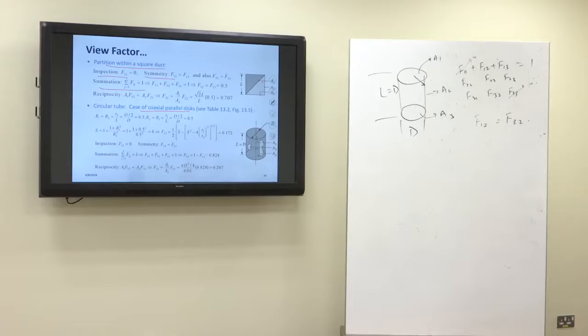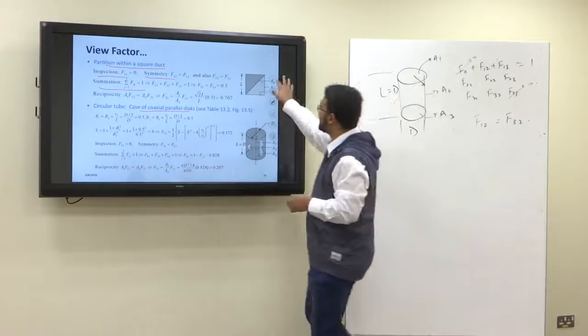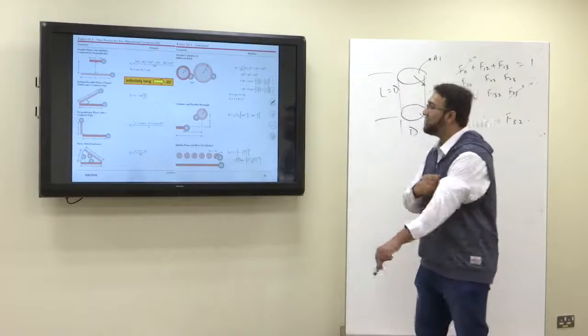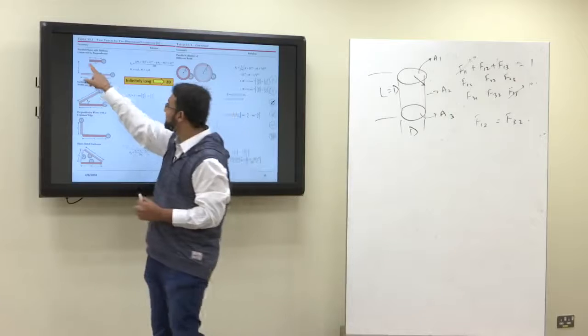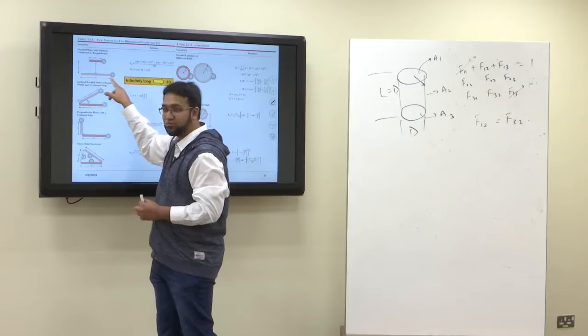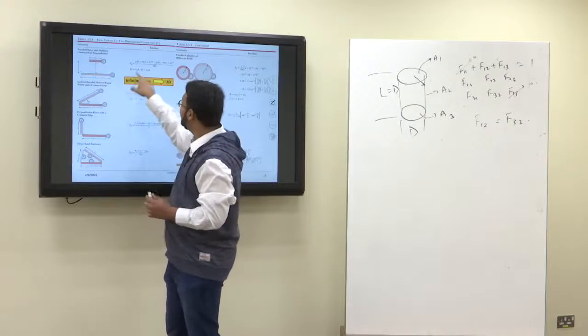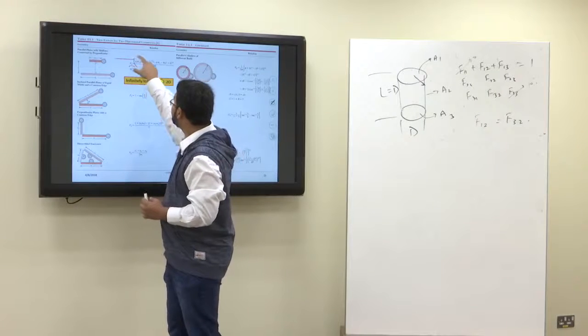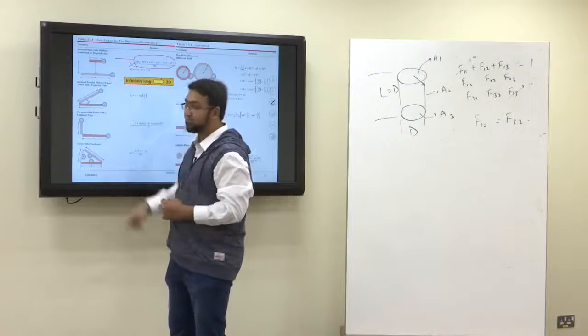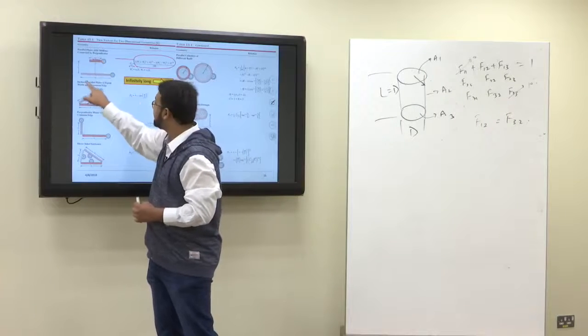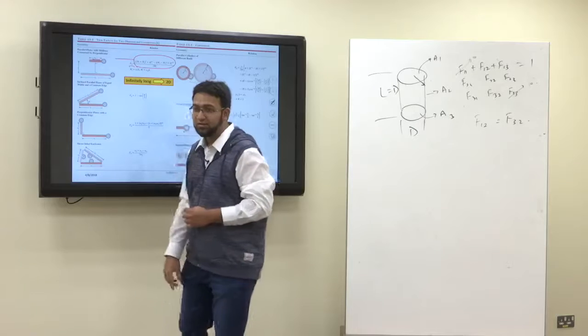Here there is no other way to find all the view factors, so now we have to move towards the tables. There are formula tables here. If I have two parallel plates separated by distance L, then the view factor Fij is determined by this formula, where this is the width of surface i and this is the width of surface j.